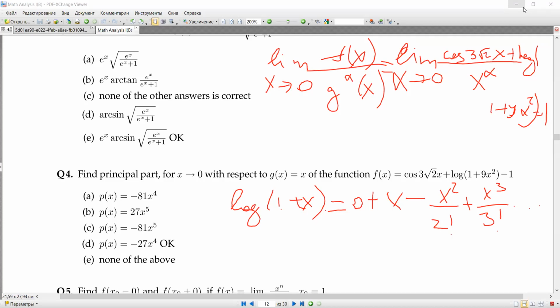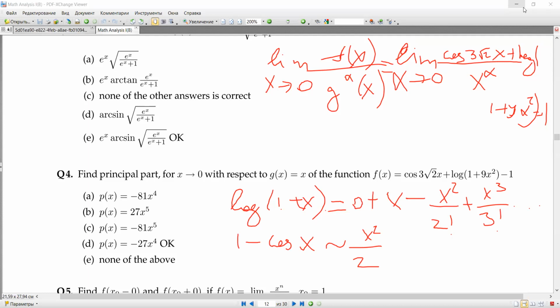But it should be 1 minus cosine x. Look here, 1 minus cosine x is equivalent to x squared over 2, like this. Is it clear?